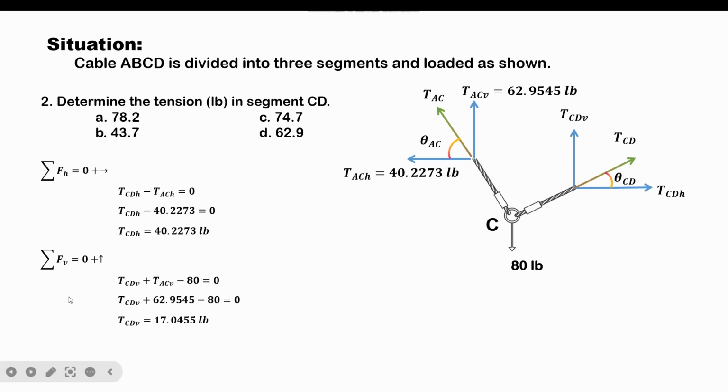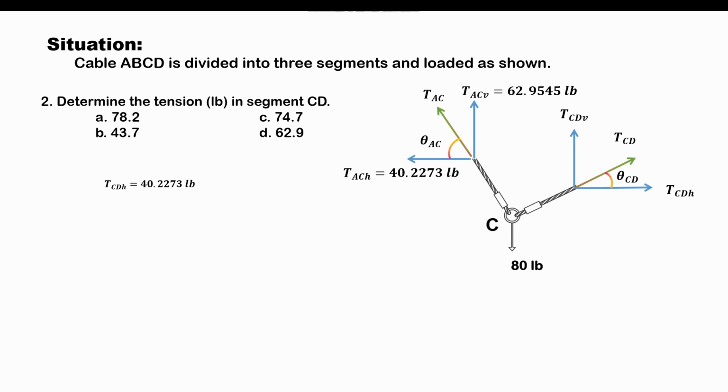From this equation we can now compute the vertical component of the tension in segment CD, which is equivalent to 17.0455 pounds. So this is the summary of the components of the tension in segment CD. To compute the resultant tension in segment CD, we compute the square root of the sum of the squares of its components.